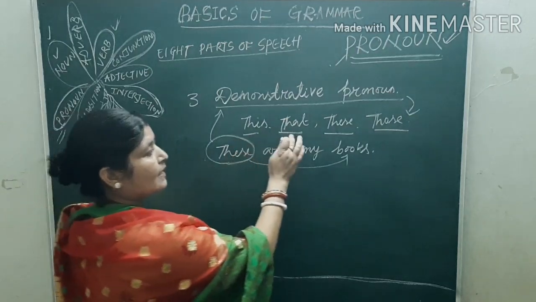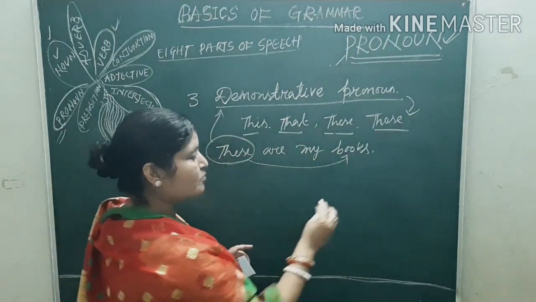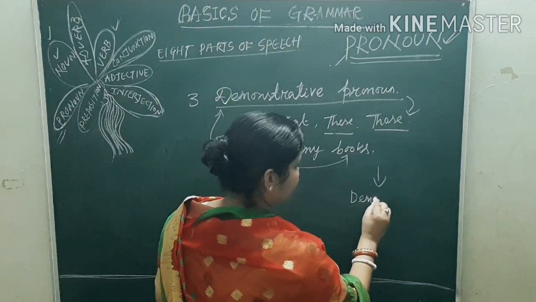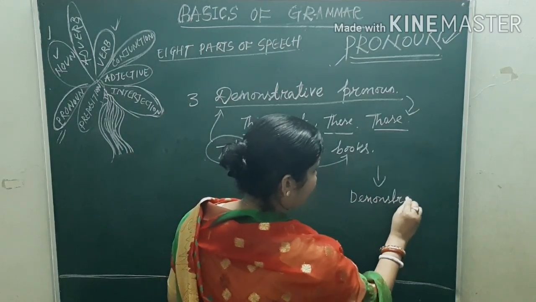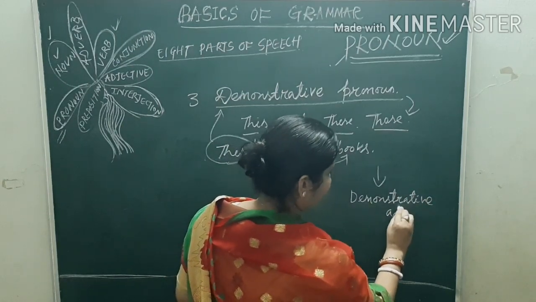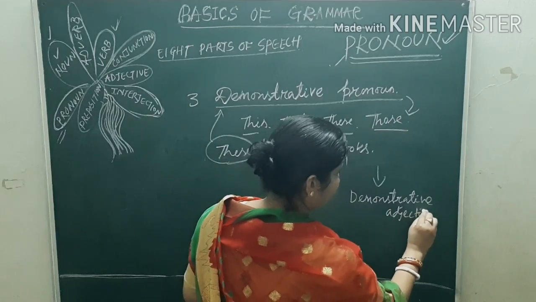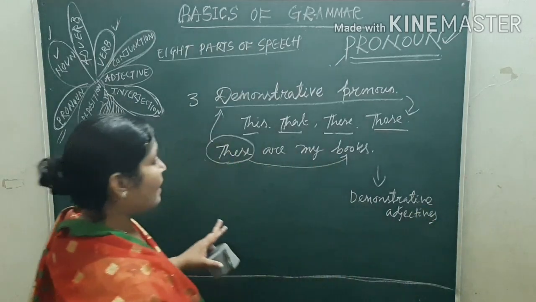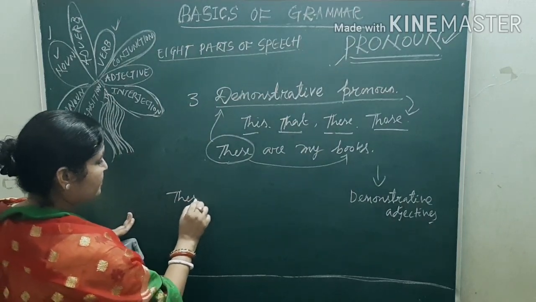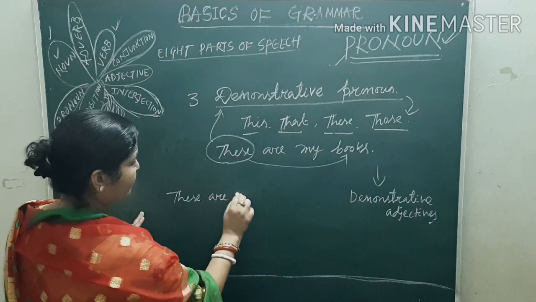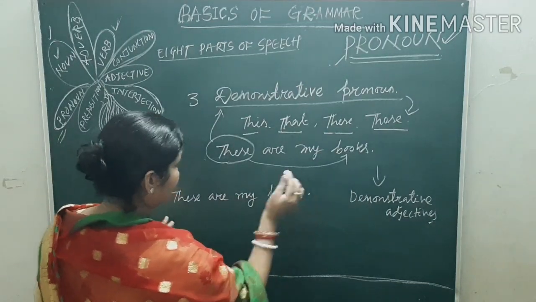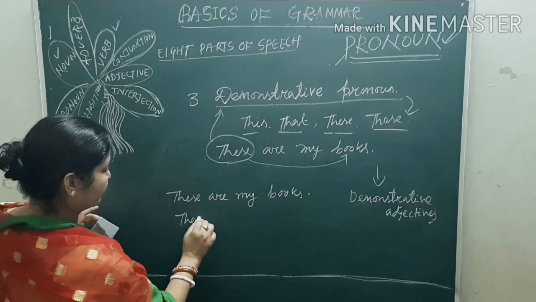And this, that, these, those can also be used as demonstrative adjectives. For example, if I write, these are my books, but these books are mine.